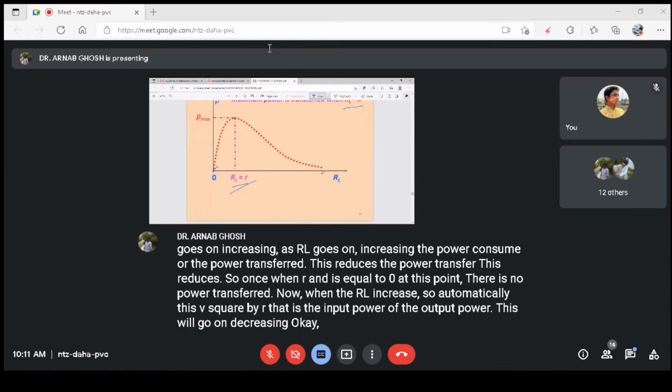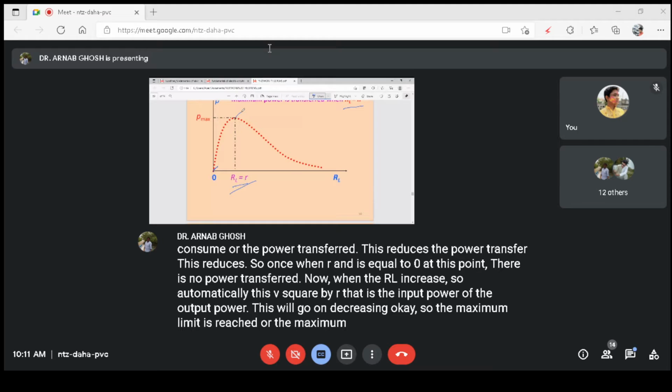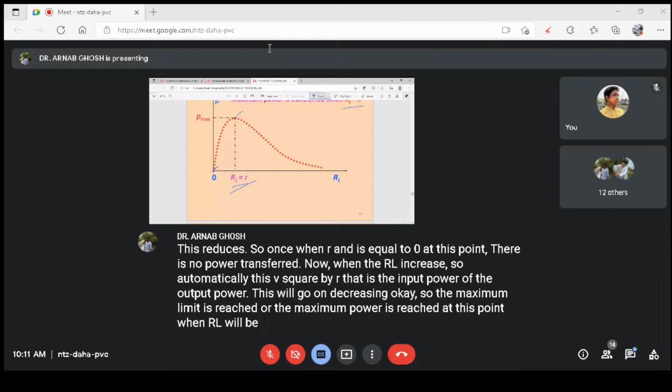So the maximum power is reached when RL will be equal to R.